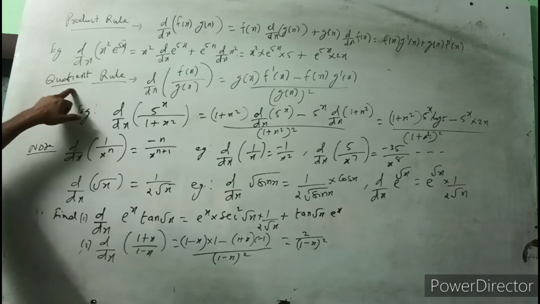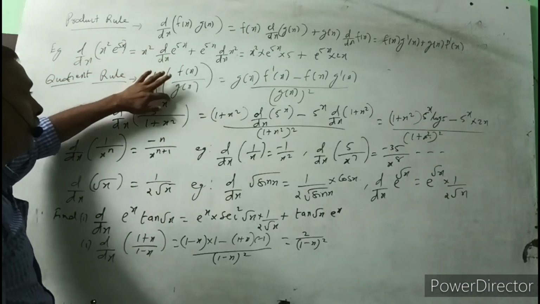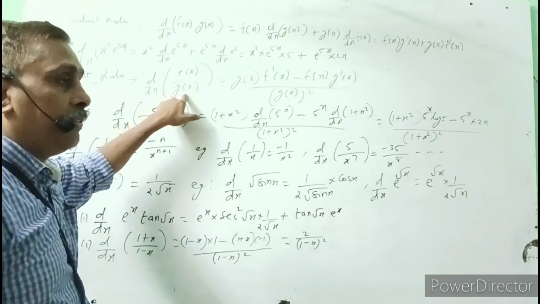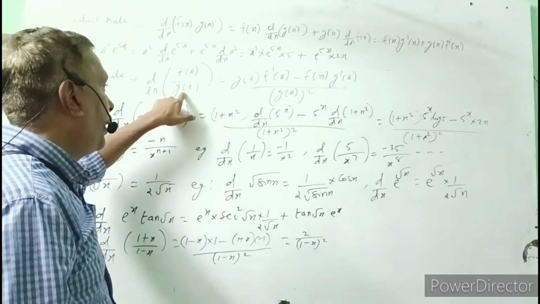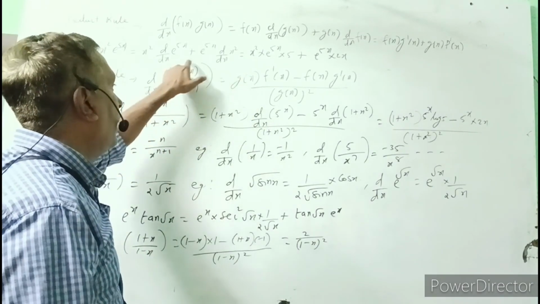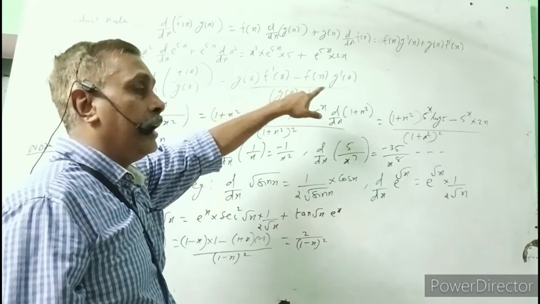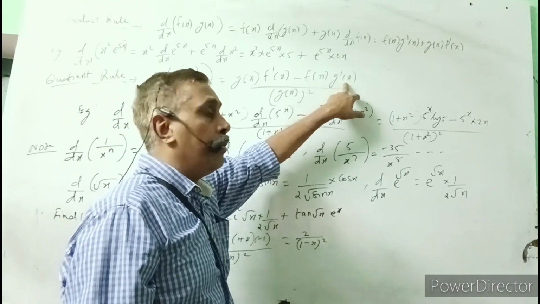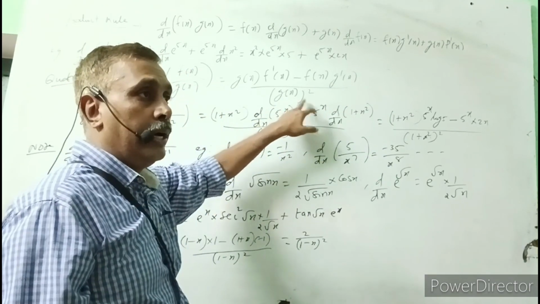Then another rule is the quotient rule. Similarly, when numerator and denominator both contain functions, we always start from the denominator. Denominator you write as such, then write the derivative of the numerator, minus the numerator as such, into the derivative of the denominator, divided by the denominator square.